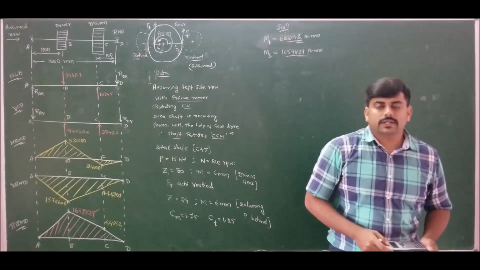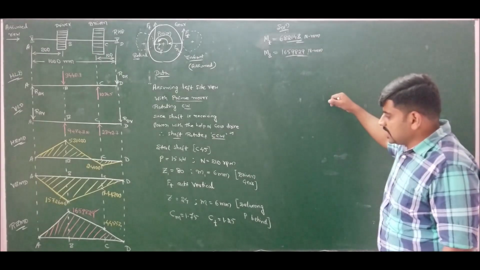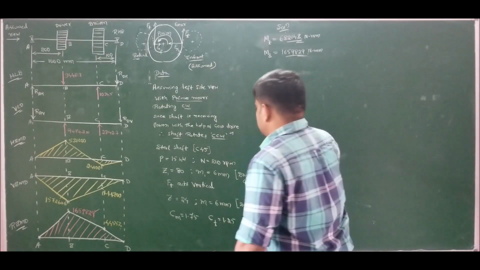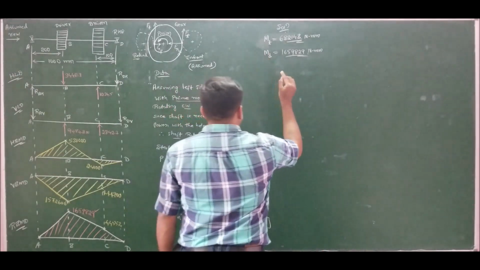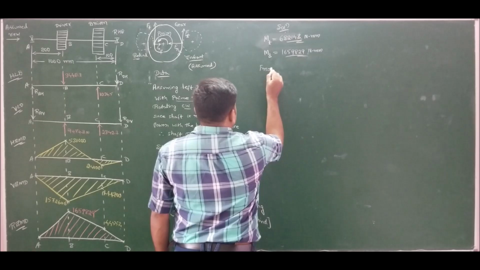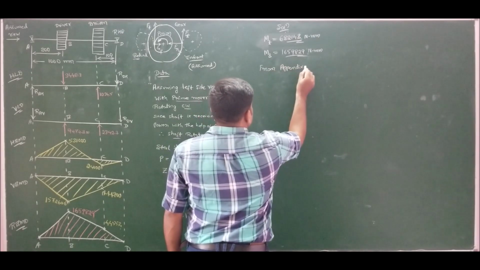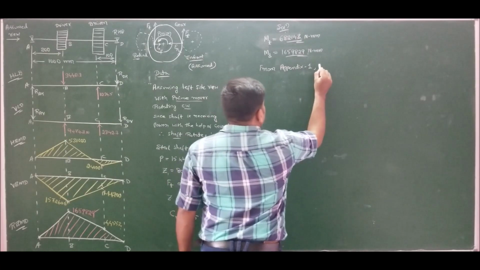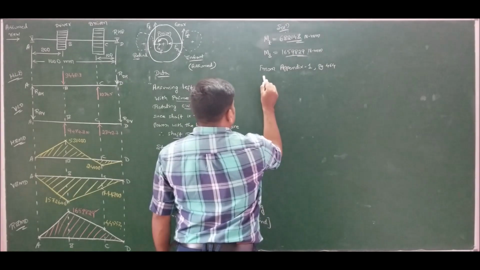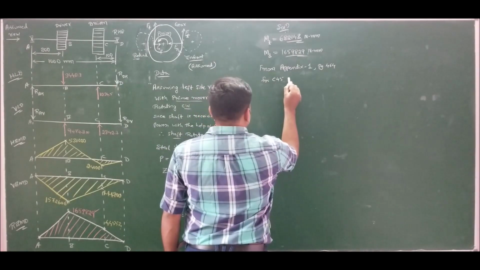Now moving ahead to find the diameter, we don't know both tau level and sigma level, but he has specified the material as C45 steel. So using that, we can find the material properties from appendix 1 of our design data handbook, page number 464, for C45 steel.